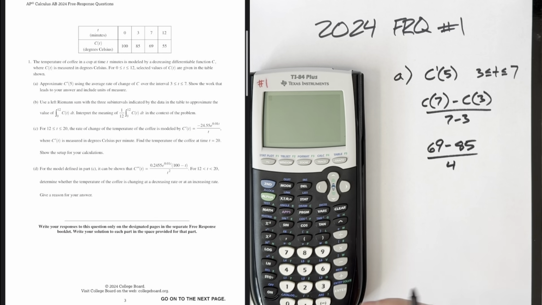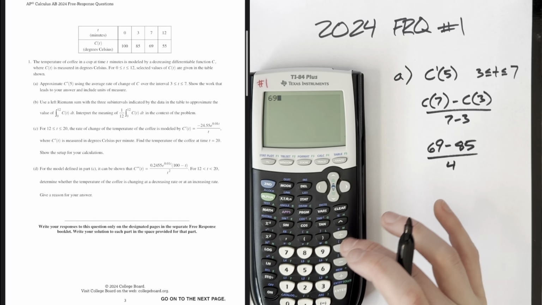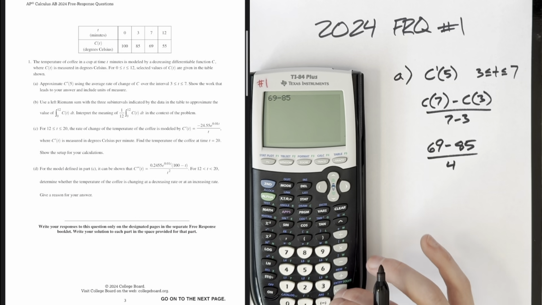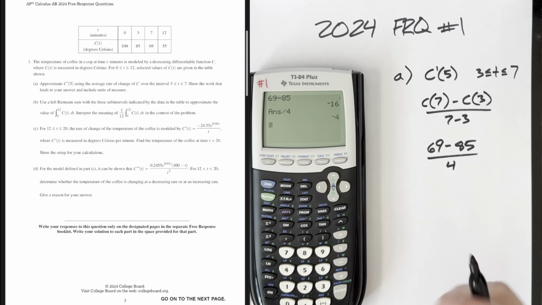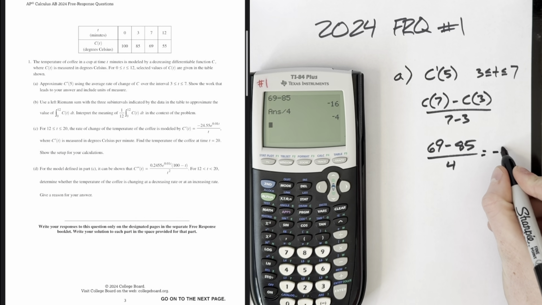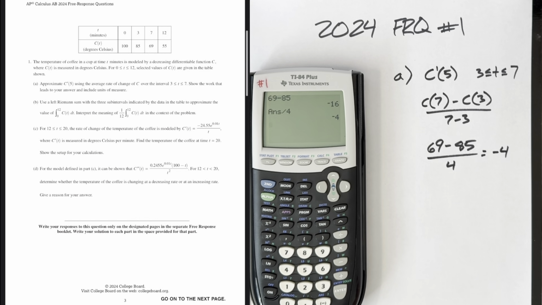Now, we could use our calculator, there wouldn't really be a need. We're all smart folks. We would get an answer of -4, but the question specifically asks to include units of measure. We know that C prime of t is the derivative of C with respect to time.